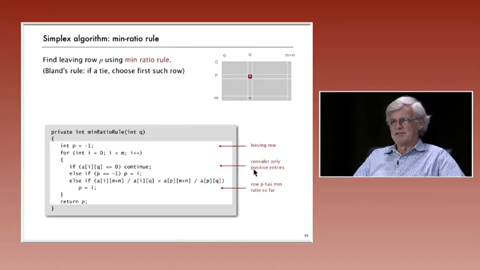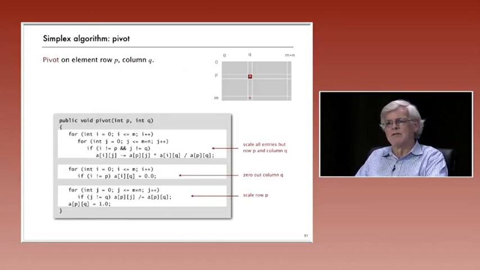We only worry about the positive ones, and so it's just a little check. And again, if there's a tie, you choose the first one, and a simple calculation going through all the entries to figure out which row gives you the minimum ratio, and then return P. So now we have P and Q where we want to pivot.